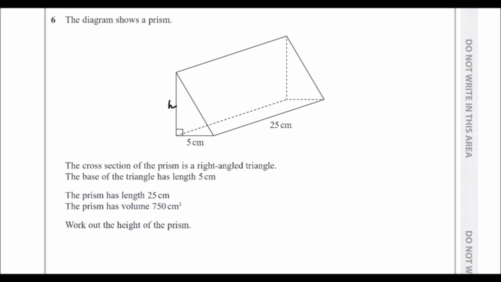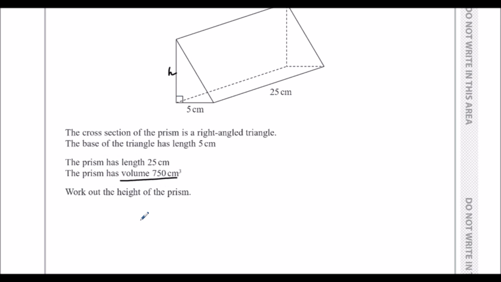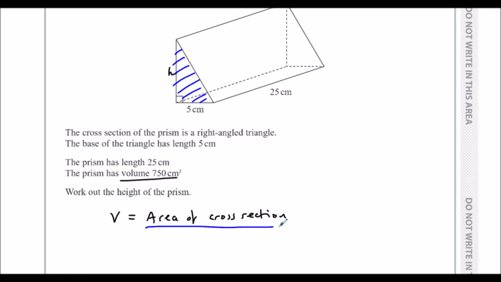So volume of a prism is the area of the cross section, which in this case is the triangle at the front. Area of the cross section times the length, which is 25 times length.